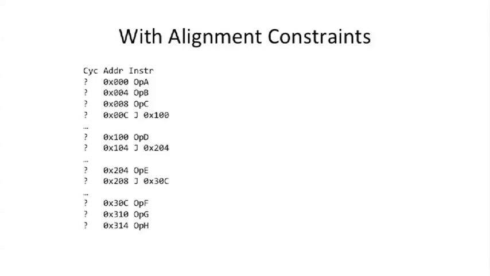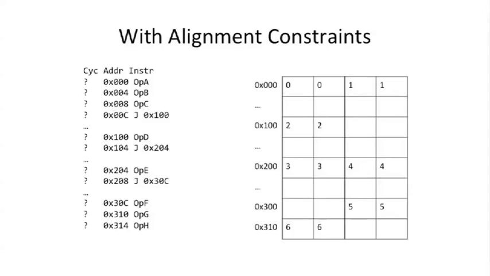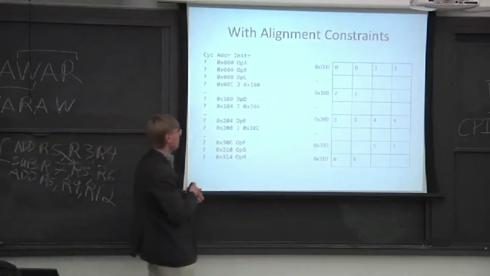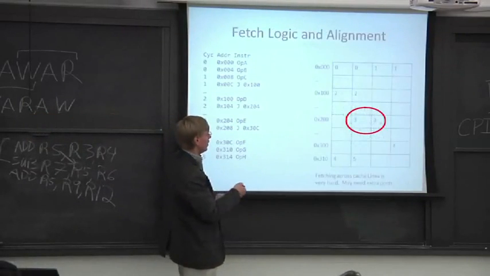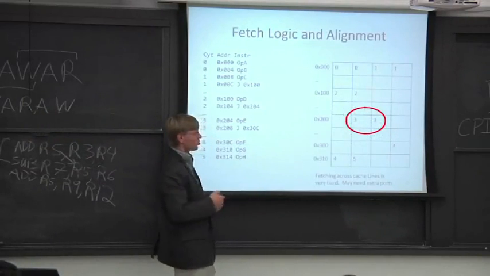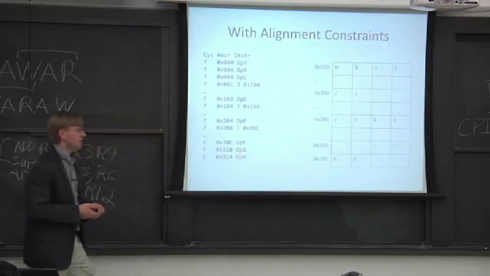Now let's look at some alignment constraints. So here's our original example, and let's look at what we could try to execute here. So we're jumping. If you recall, we only use these 2 instructions from the middle of the line.